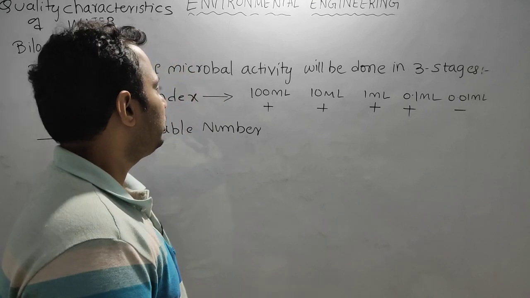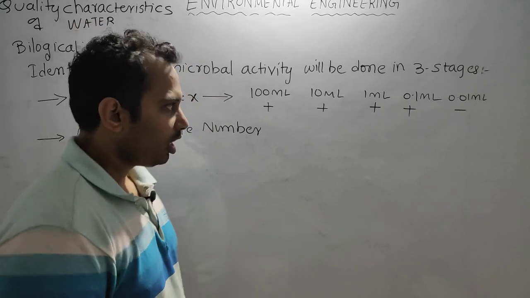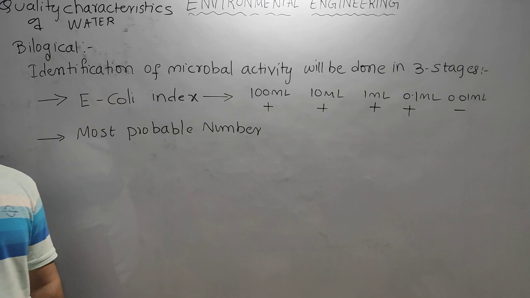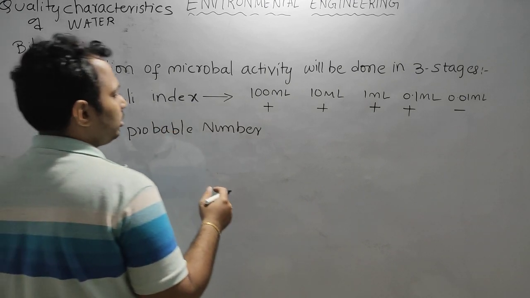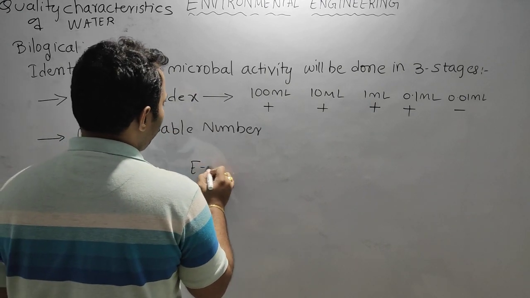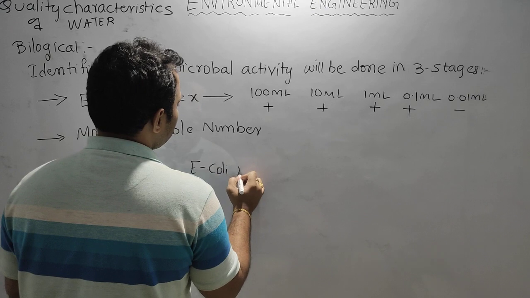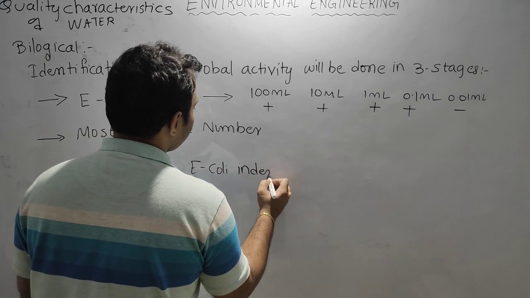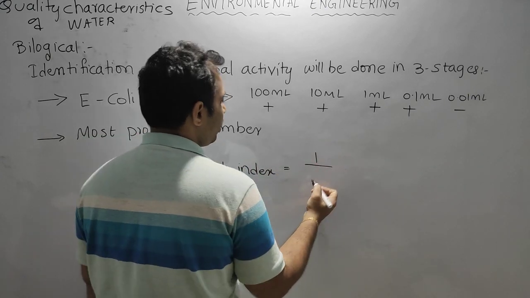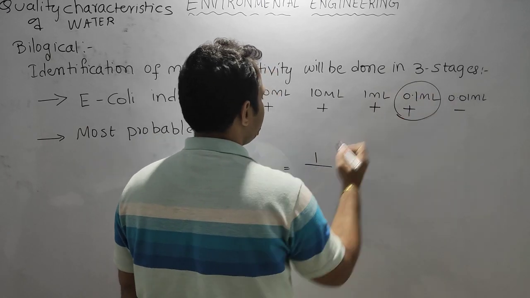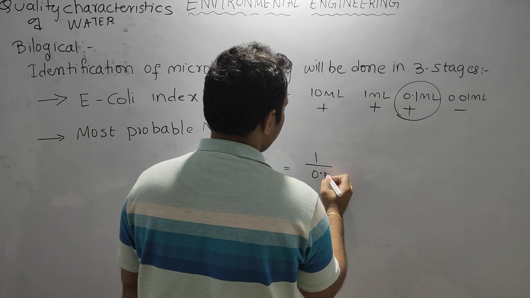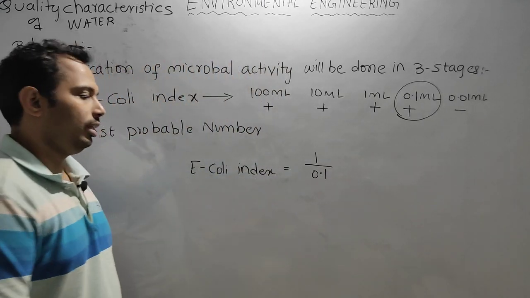So E. coli index is defined as, whatever the last positive result. So the E. coli index is equal to 1 by the last positive dilution, that is 0.1. 1 by 0.1 is the E. coli index.